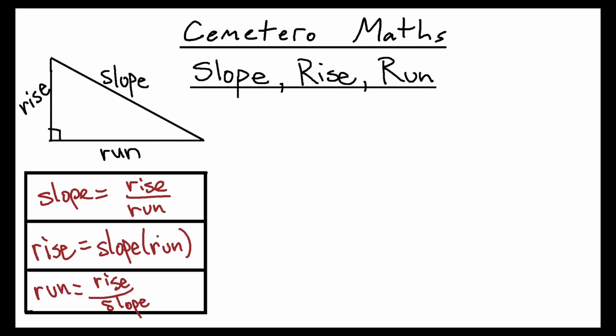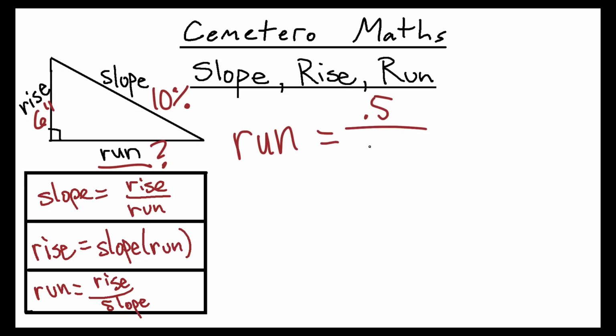What if we want to solve for the run? With a rise of, let's say, 6 inches and a slope of 10%. What is the run? According to our equation, the run equals the rise, which is 6 inches, which I'll write as 0.5 feet, over 10%.